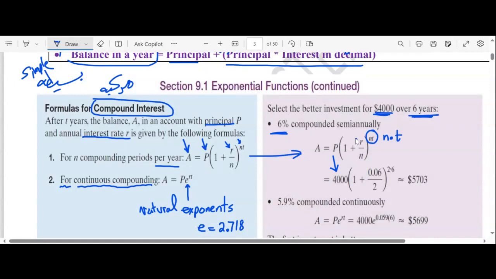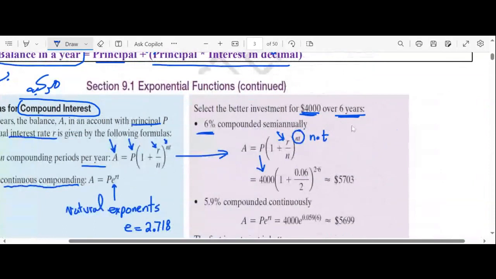What's the interest rate? 6%. And how many times a year do you get paid? What does semi mean? Every 6 months. So how many times a year? N equals 2 because it's semi. Okay, so you just apply 2 here.